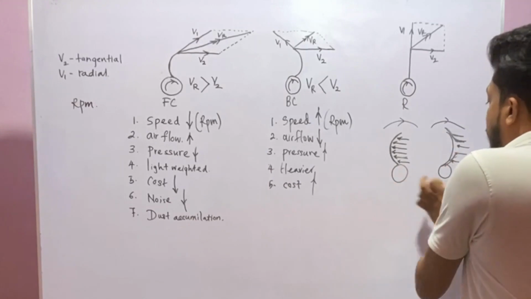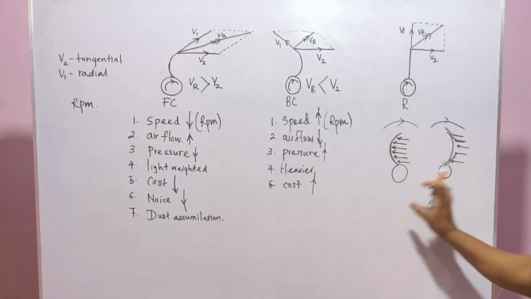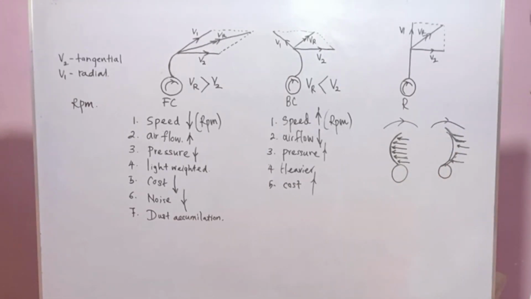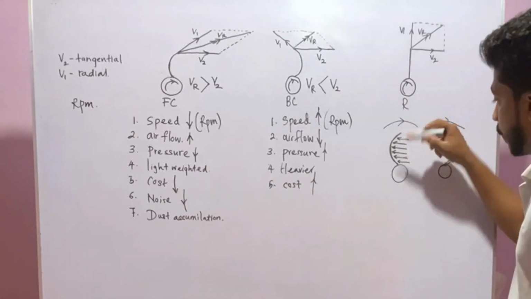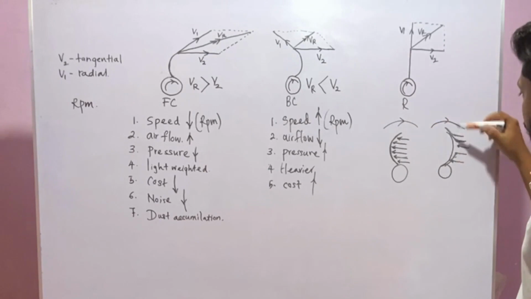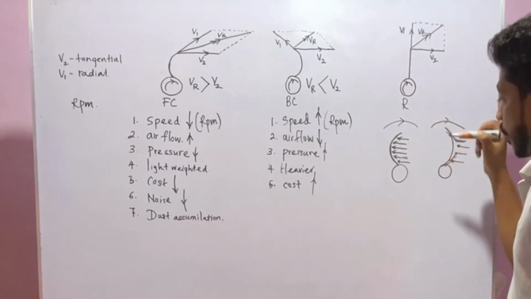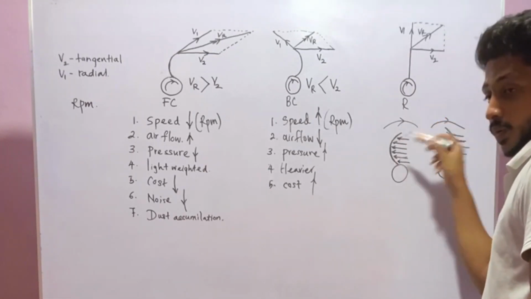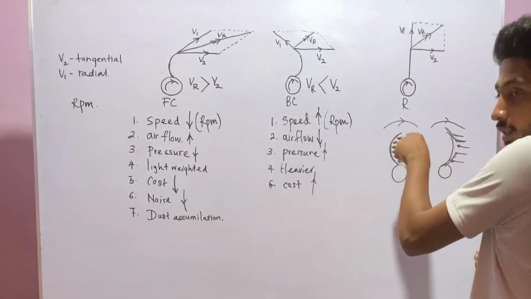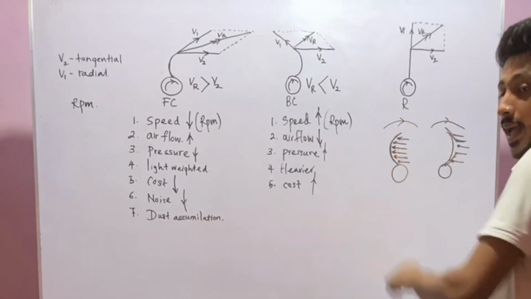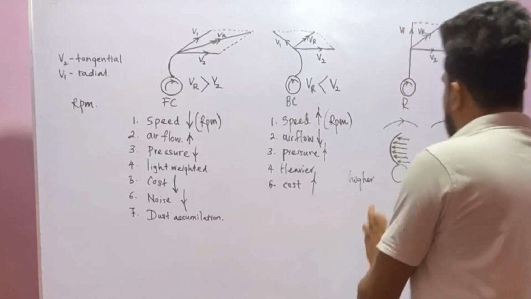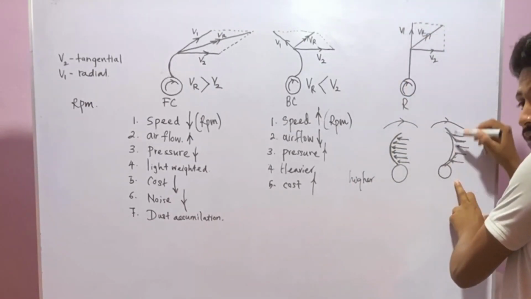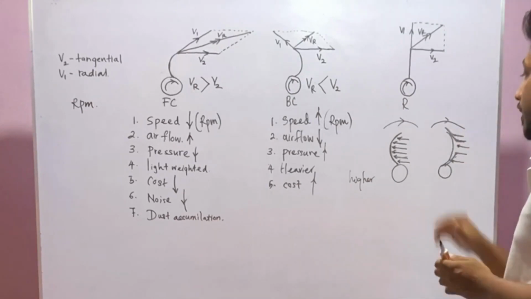So if we compare these two impellers, always the pressure or the force on this impeller type due to this curvature is higher than on this curvature type by the air particles. Okay, it's very clearly seen.